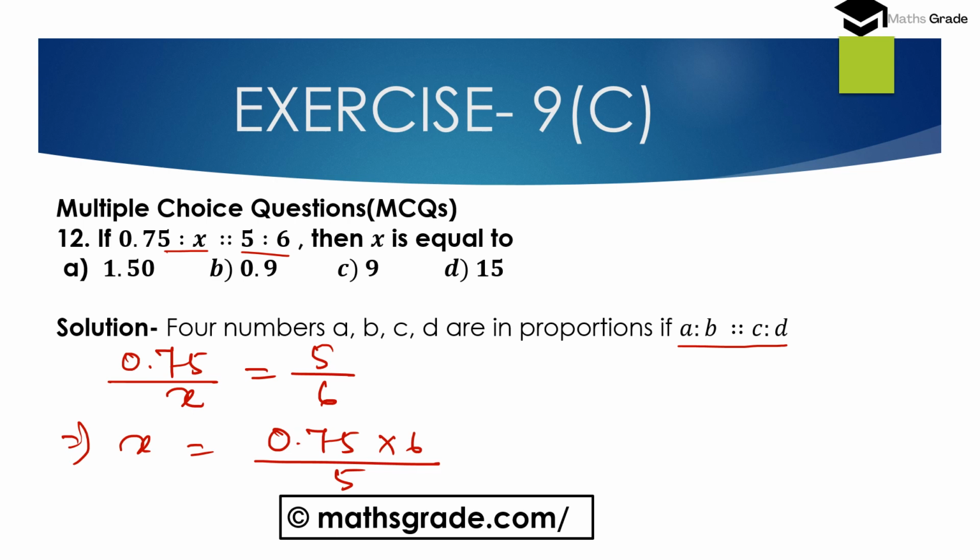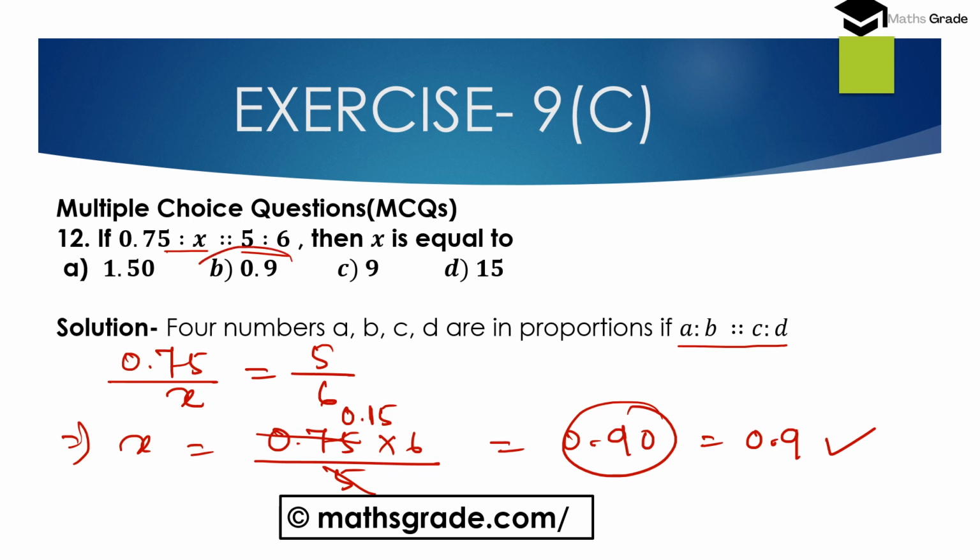So cancelling 0.75 with 5, that is 0.15 multiplied by 6 will be 0.90, which is equal to 0.9. So 0.9, option B is correct.